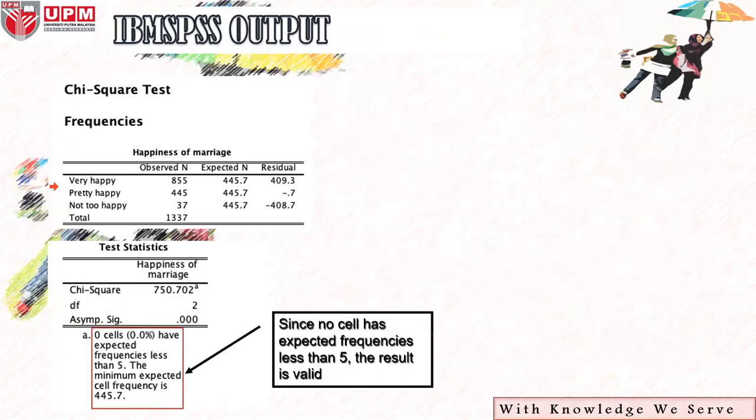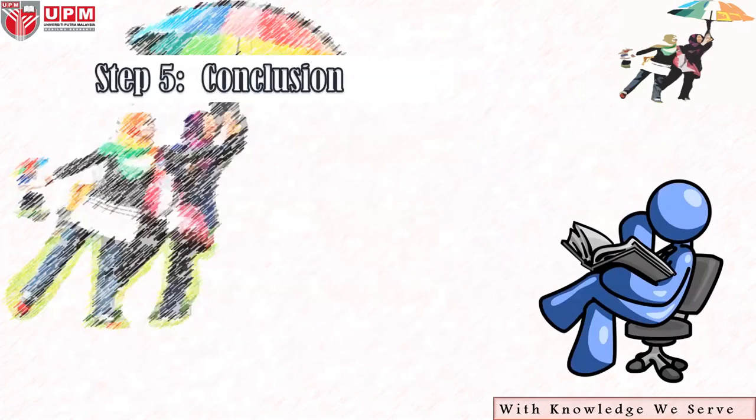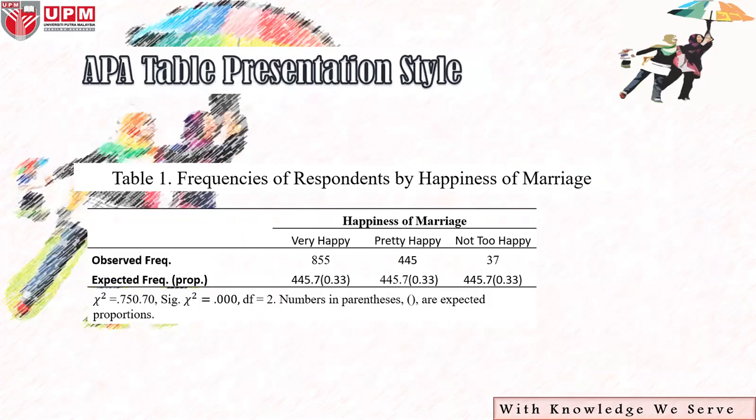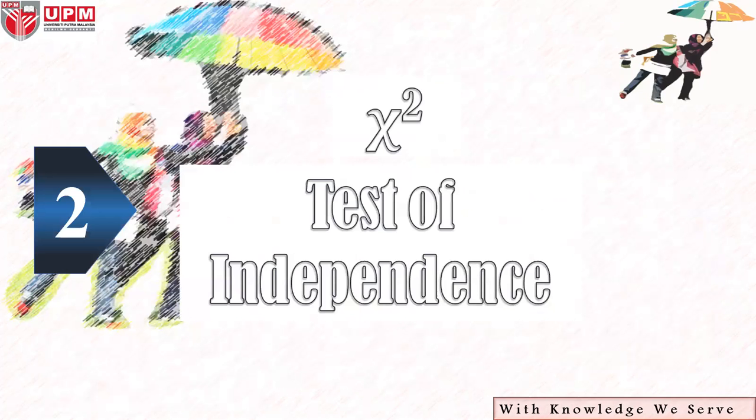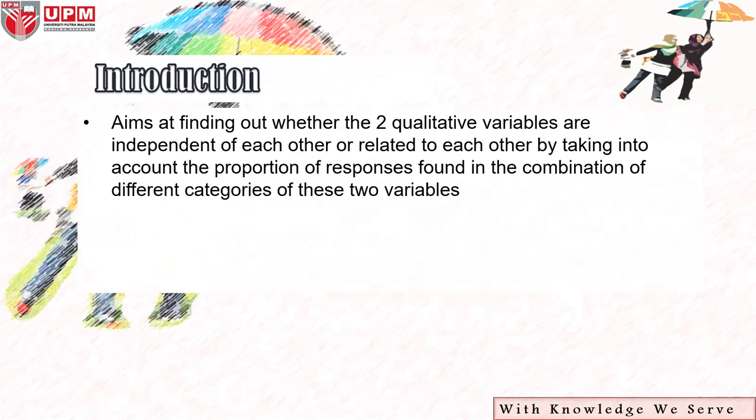Okay, ada lagi soalan? Then we proceed with chi-square test of independence. Chi-square test of independence ni similar to test of association. We are interested to see the association between two categorical variables. The aim is to find whether the two qualitative or categorical variables are independent of each other, or related.